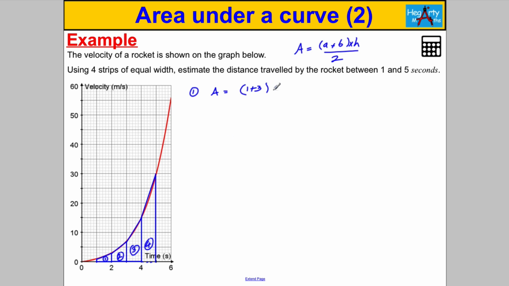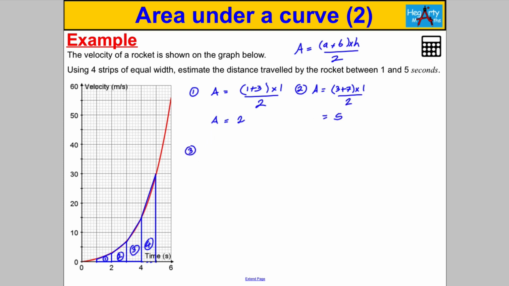They're 1 apart, so multiplied by 1 divided by 2. And that area therefore gives us 2. What about for number 2? This distance here is 3 and this distance here is 7. So the area is going to be 3 add 7 multiplied by 1 all over 2, and that gives us 5.